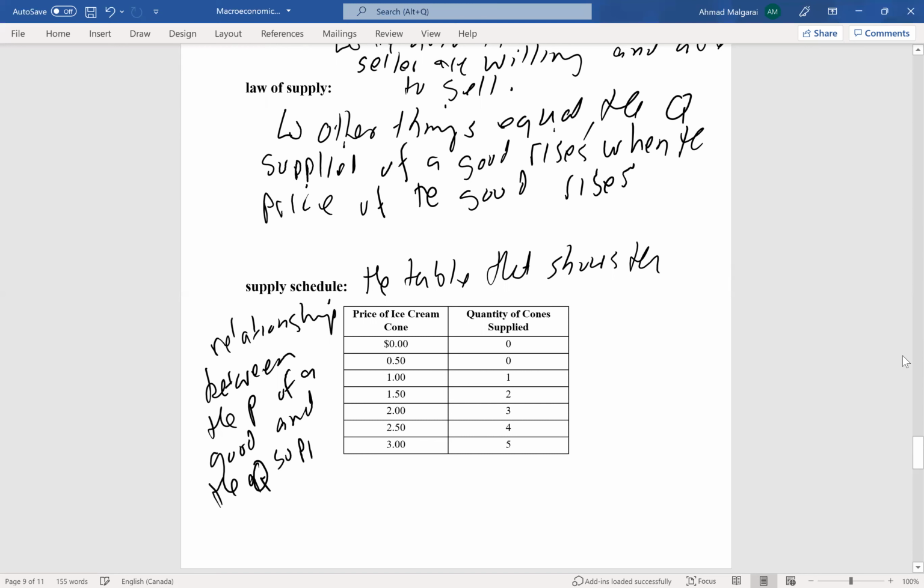Again, this is simply a table that shows how much of this good will be supplied to the market at this price, and then how much will be supplied at this price, and also at this price, and so forth and so on.